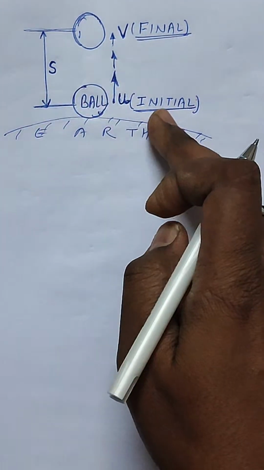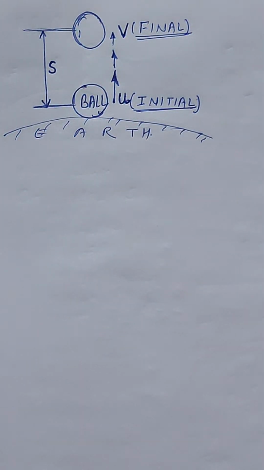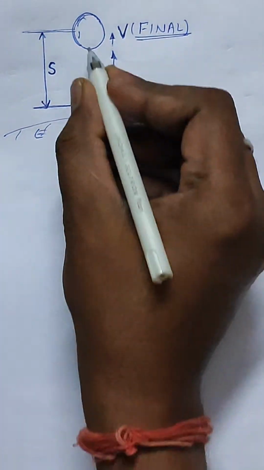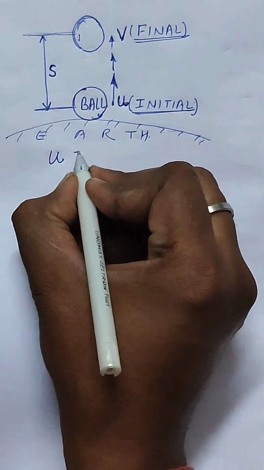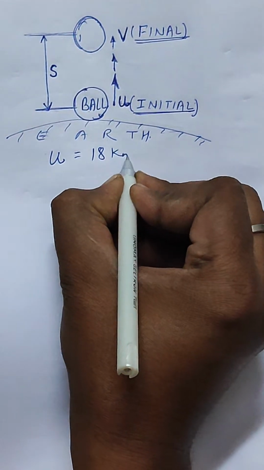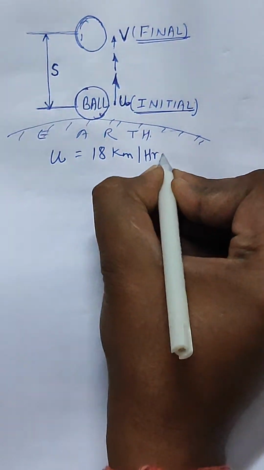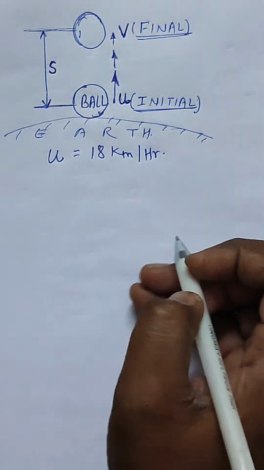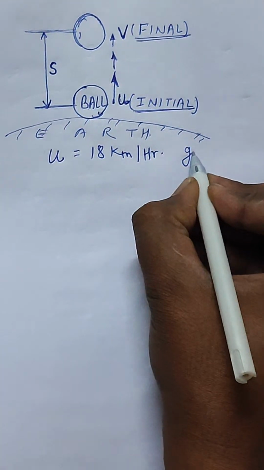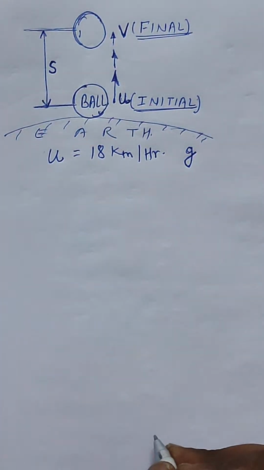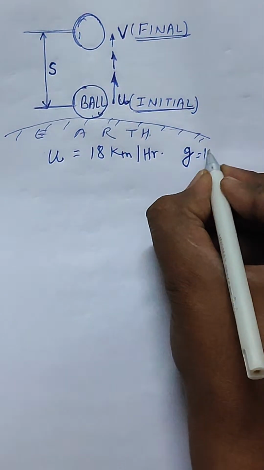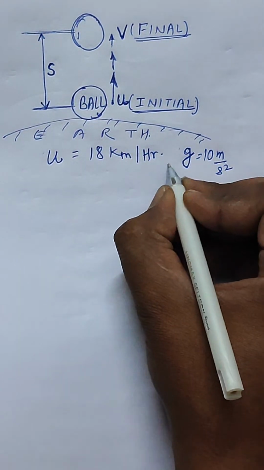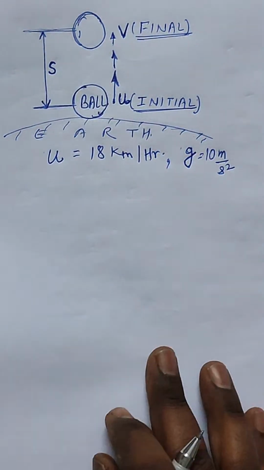The same representation is used here. The question is given that the ball is thrown with an initial velocity of 18 kilometer per hour. My dear friends, it's also given that the value of g, acceleration due to gravity, is 10 meter per second square, not 9.8, but 10 meter per second square.